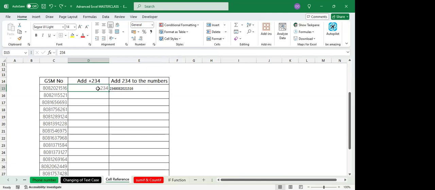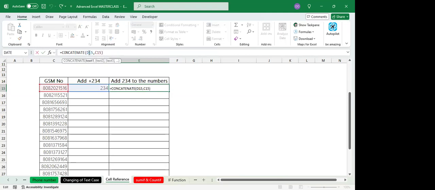So it means that we are going to lock this particular cell. As I pick D15, which is this one, I am expected to lock it. I don't want it to move.